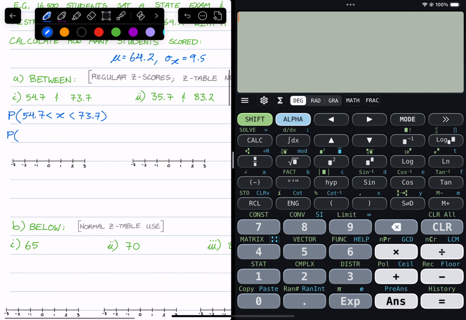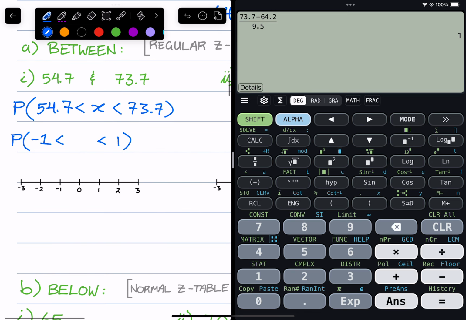So it would be 54.7 minus the mean over 9.5. This is a Z-score of -1. And the other one's actually going to be a Z-score of +1, but just to show you here, if we put in 73.7, we get a Z-score of 1.